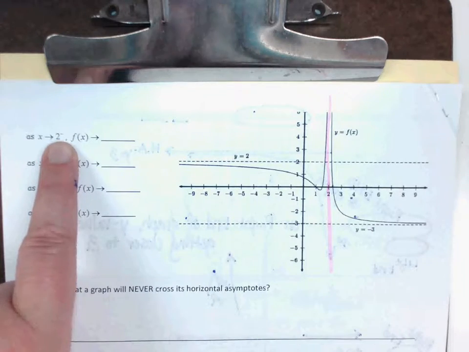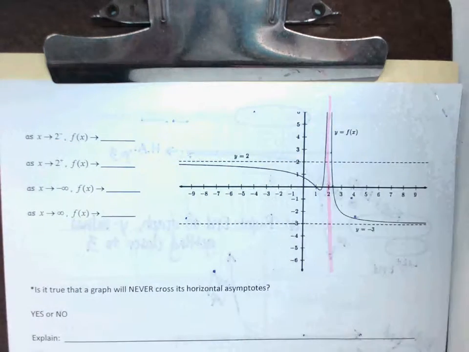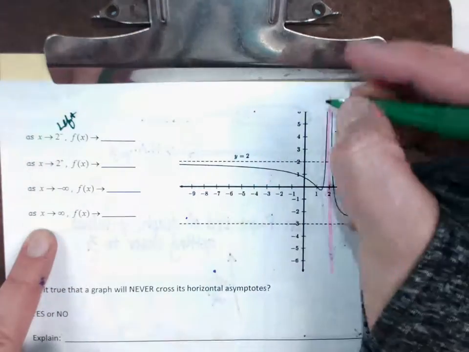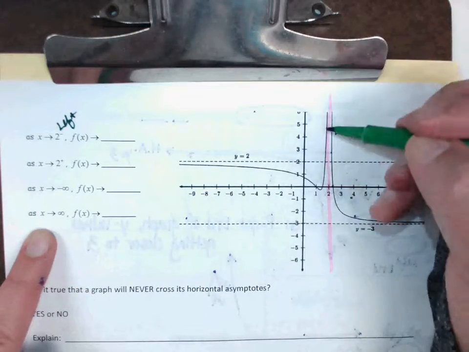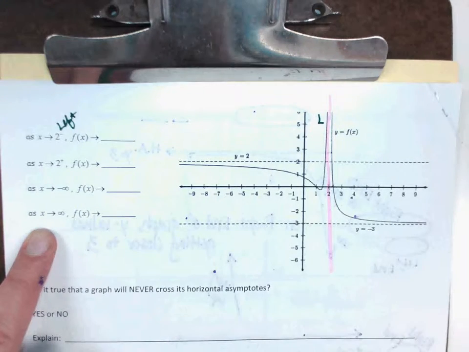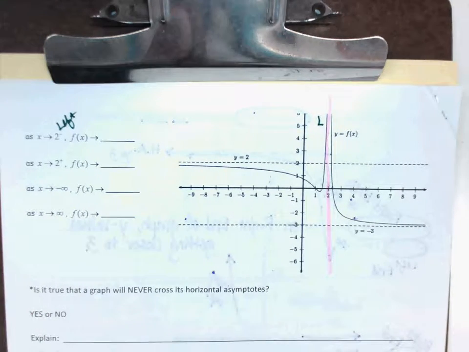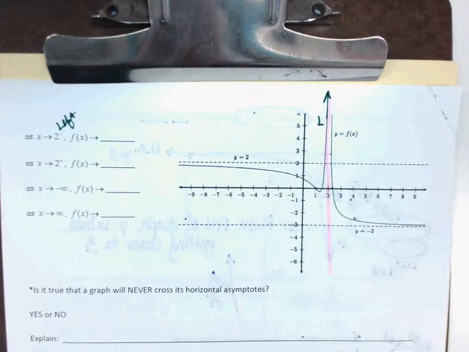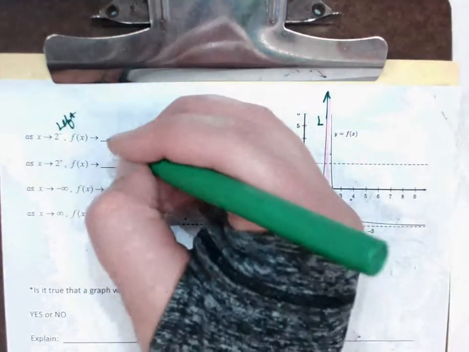Which side do I want to be on with the little minus? The left side. So I'm going to look on my graph at my asymptote. Here's my pink line. I want to be on the left side. What is my graph doing as I get closer and closer to that pink line? It goes up to which infinity? Positive infinity.